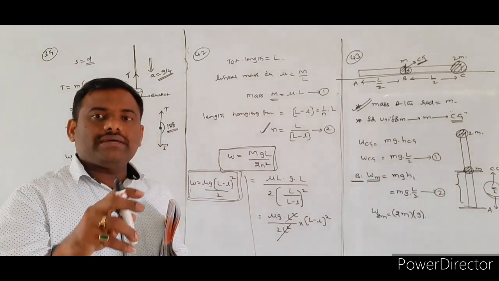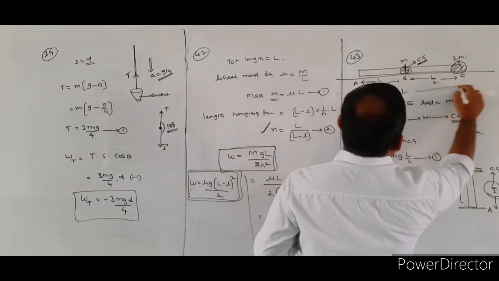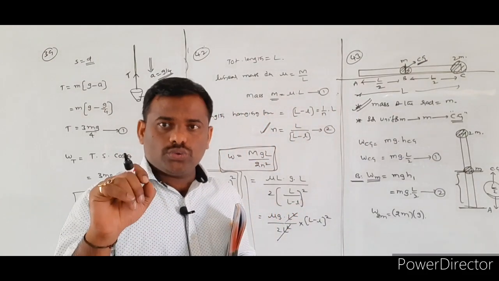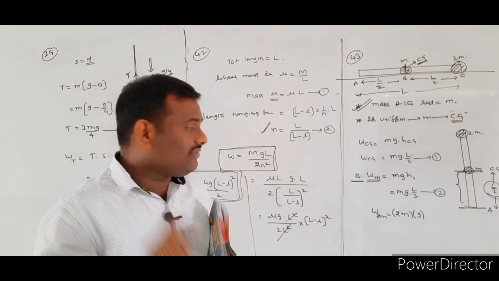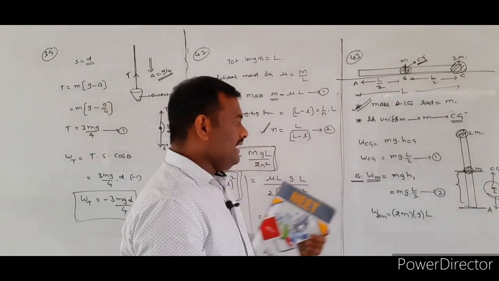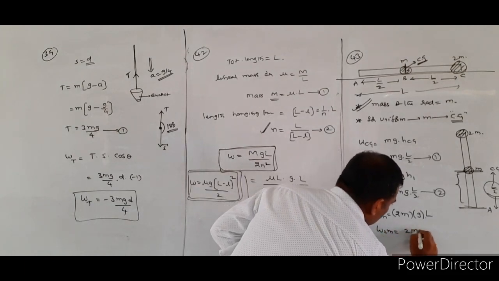Whenever the rod is made vertical, how much height is raised? It is nothing but the length of the given rod. So in place of h directly we write L.